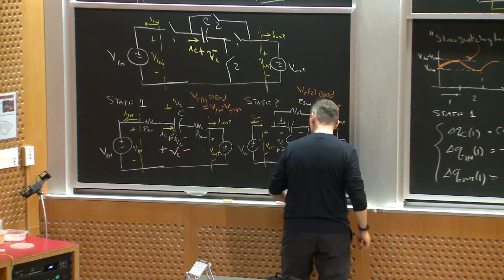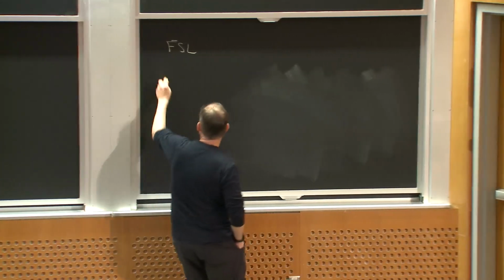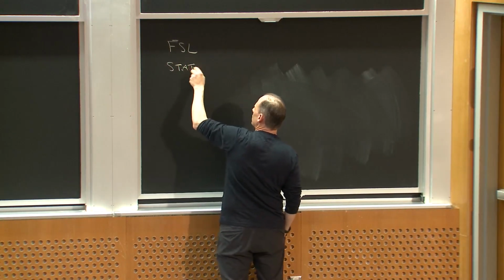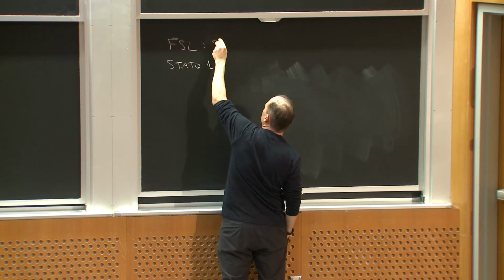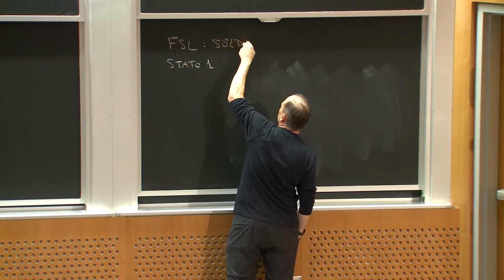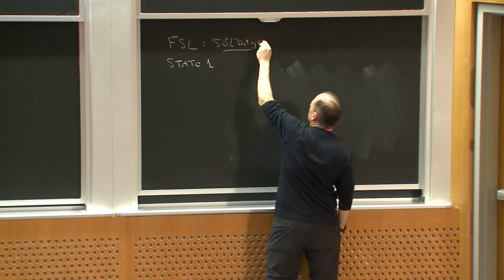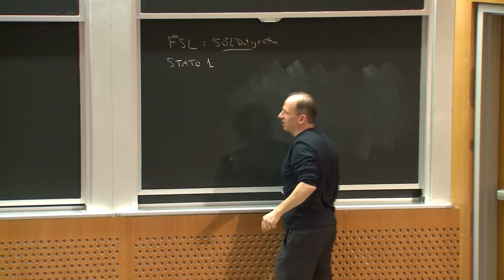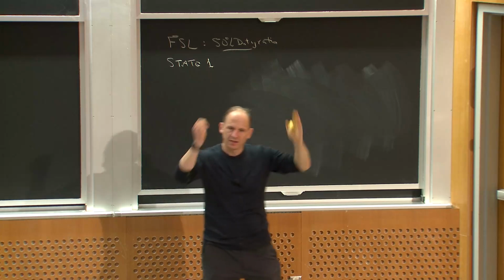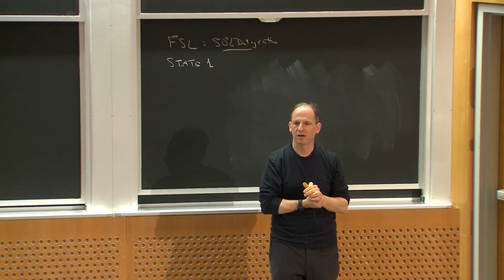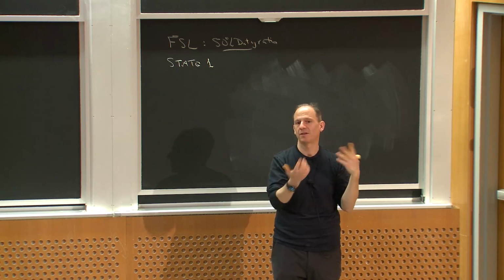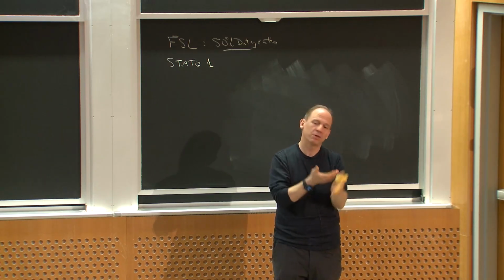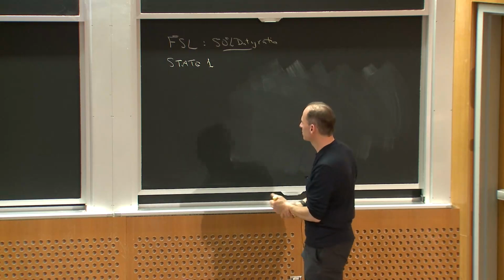So how much charge do I transfer in state 1? I'm going to do FSL with 50% duty ratio. In other words, I'll spend half a period in state 1 and half a period in state 2, because in the FSL, how much time I spend in the two adjacent states matters. But let's just assume half in each state for purposes of this analysis.